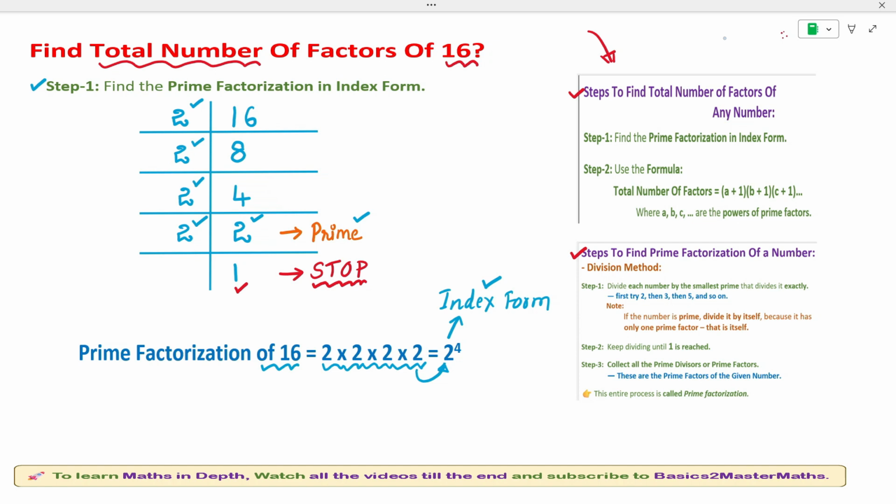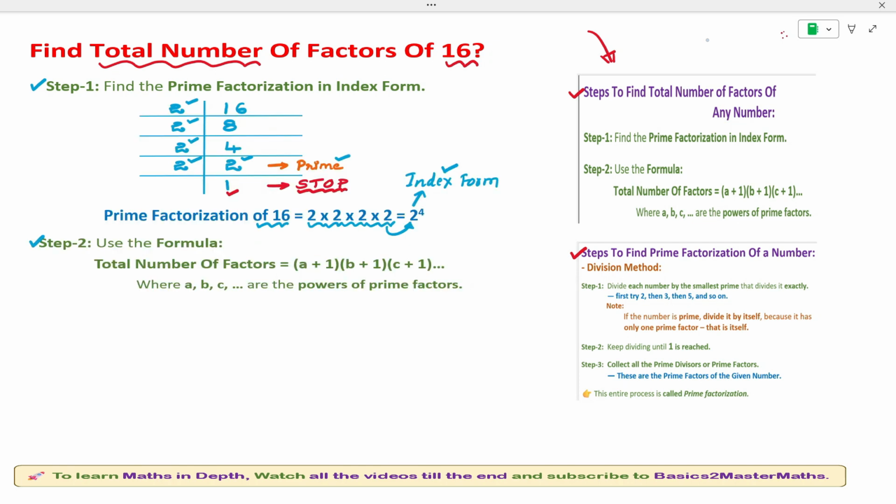Got it? Step 2. Use the below formula to find total number of factors. In this case, the prime factorization of 16 in index form is 2 to the power 4.